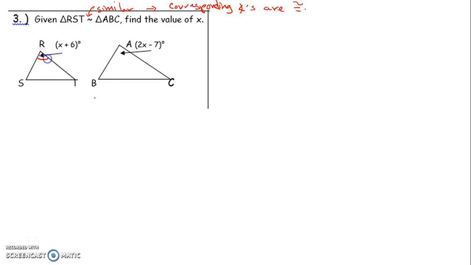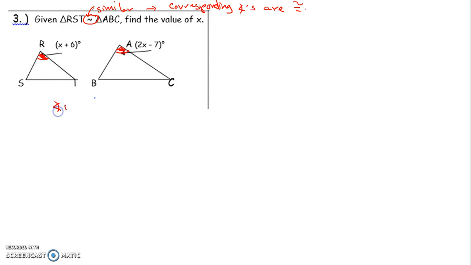So if I look here at angle R, that has the exact same measure as angle A. This is a blown up version, a dilation of SRT, but the angles will remain the same because you're told they're similar. So angle R and angle A are the same.